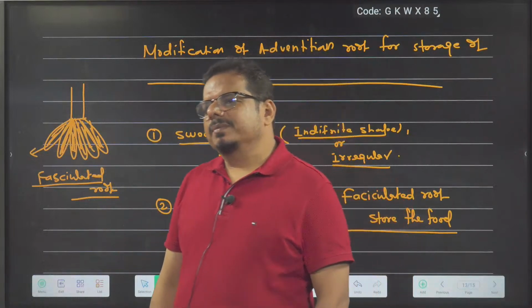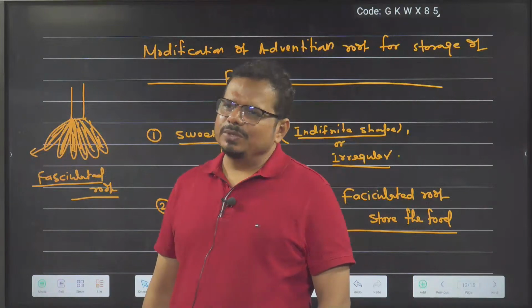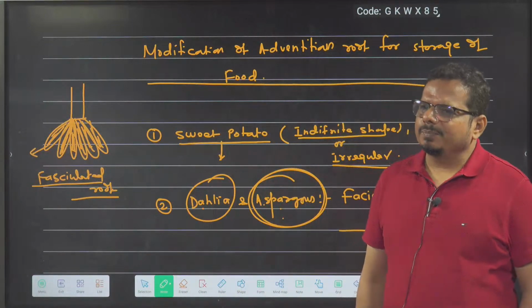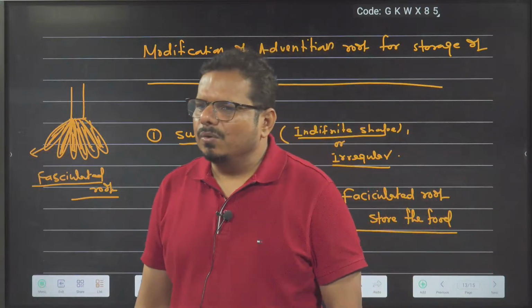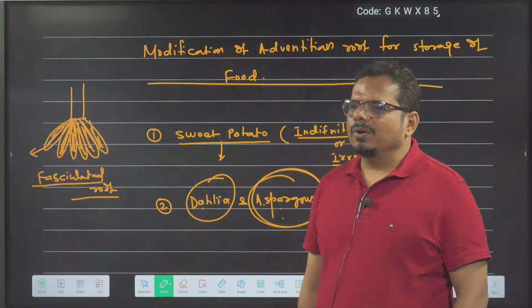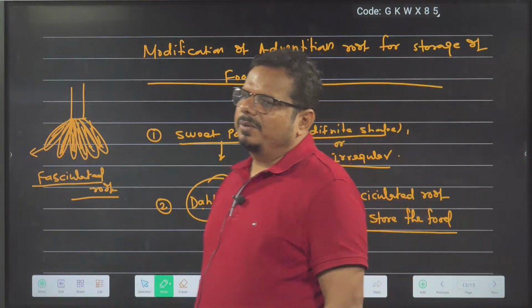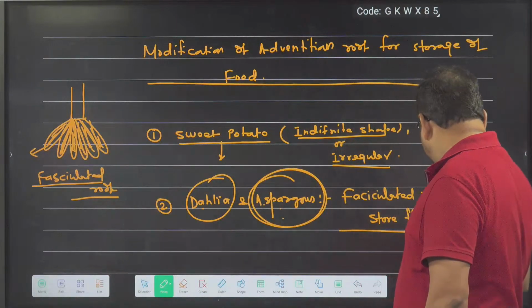Right? If we talk about shape, radish has fusiform shape or spindle shape. Turnip has top shape. Carrot has cone shape. Sweet potato has indefinite or irregular shape. So the modification of root is over, and I am going to finish the class as well.